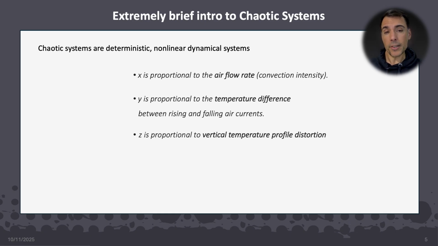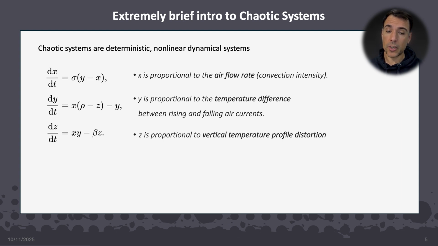Deterministic means that their state change is governed by a fixed set of rules, such as this system of differential equations. And nonlinear means that there are relationships between the variables that are more complex than linear, such as the multiplications between x and y and x and z.